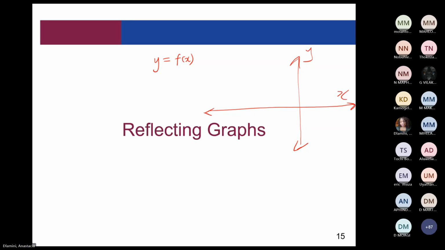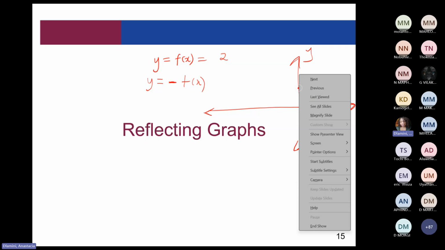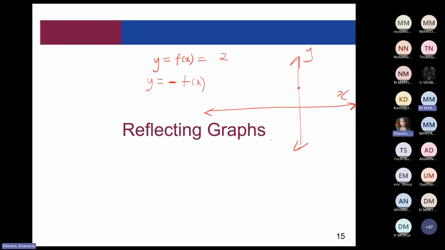Now, y equals, I put a negative here. If I put a negative to f of x, what is changing? Let's say here my x was something and I got 2, so my y value is 2, isn't it? Now, if I put negative to f of x, my answer will be negative 2.